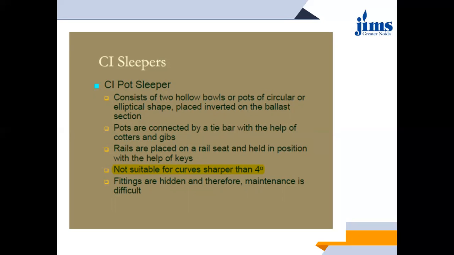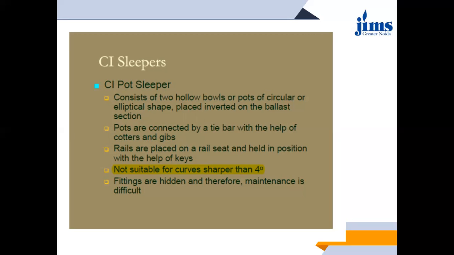Okay, so this is a very important term. These cotter and Gibbs I will show you in the next image. So these pots were connected with the help of cotter and Gibbs. By connecting the pots with the help of a tie bar, we saved certain materials also. Since the material of construction of the sleeper is saved, the sleepers proved to be lesser in weight.